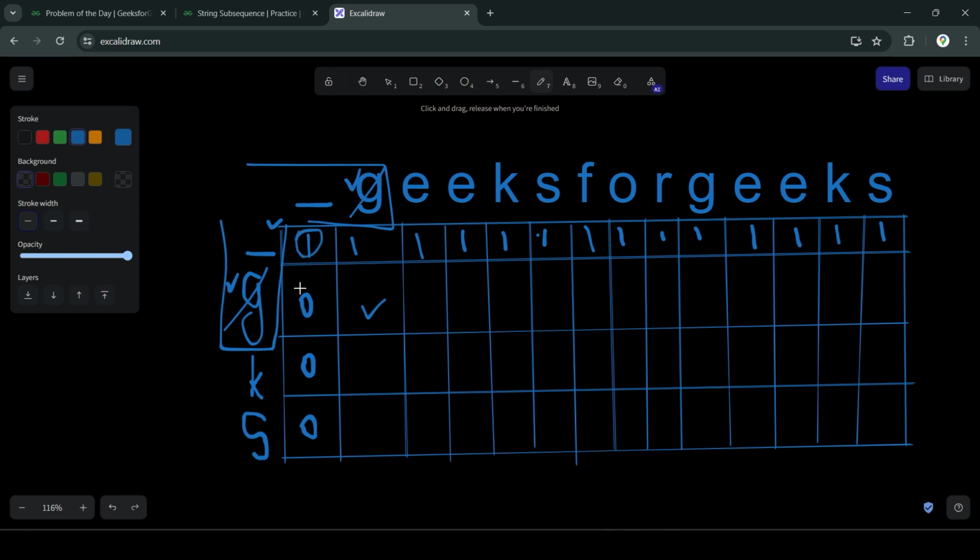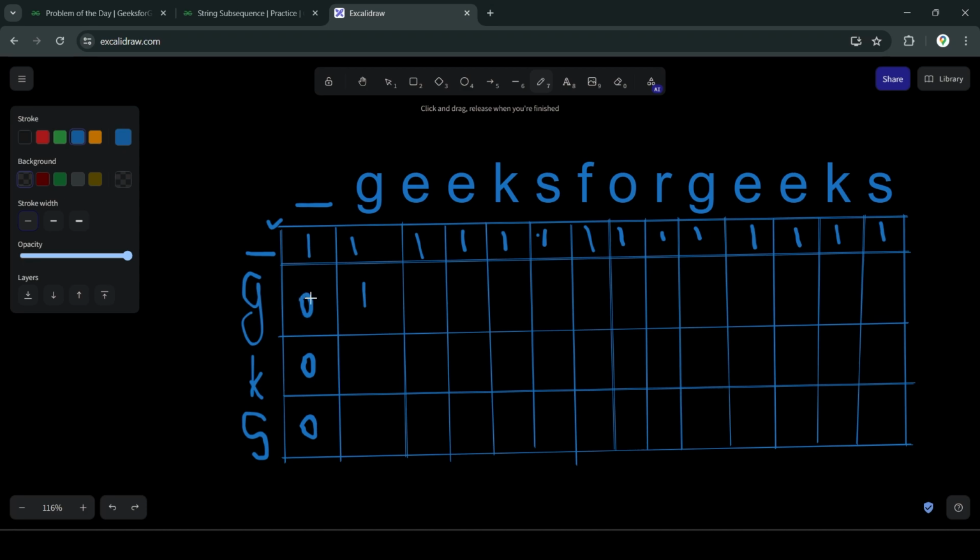As in the LCS concept, it will be the same. But in LCS we usually add one, and here we cannot add one because I'm not talking about the length. I'm talking about the possibilities that we have. So I have to put one here, and we have to check for this value.